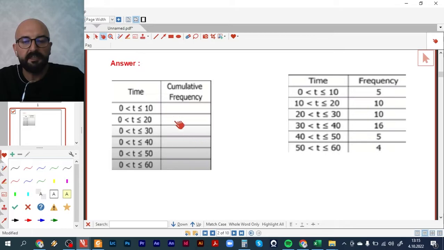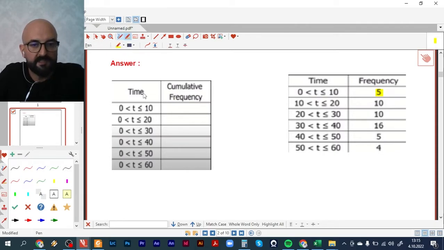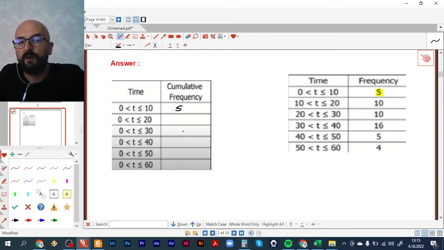So we will fill up this table with the cumulative frequency as well. Between 0 and 10 time we have frequency 5, so we should write 5.